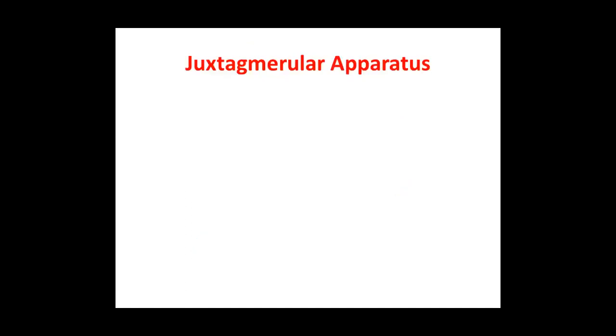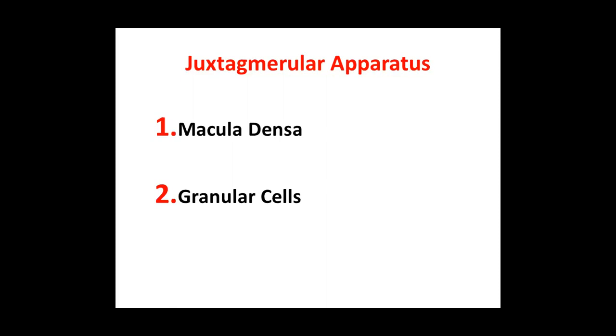If it is asked what the JG apparatus is, you must describe it as I have just done. The composition is the macula densa, which is a portion of the distal tubule or modified distal tubule; the granular cells, that is the modified afferent arteriolar cells; and finally the lacis cells, which remain in the triangular space.